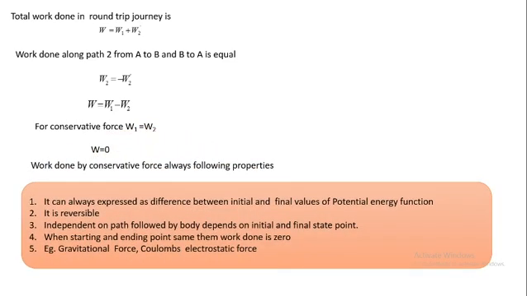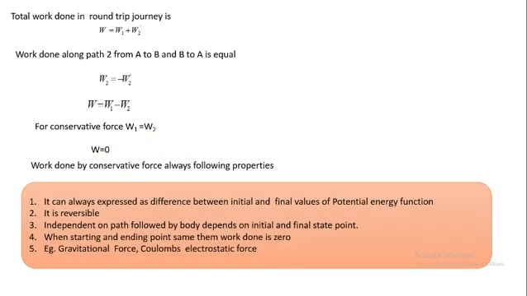It can be defined as: if the work done over the closed path is equal to 0, then that force is said to be a conservative force. So a force is conservative when work done is 0 over the closed path.